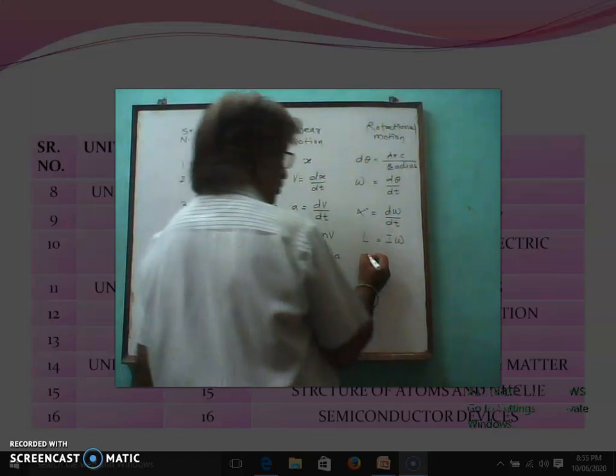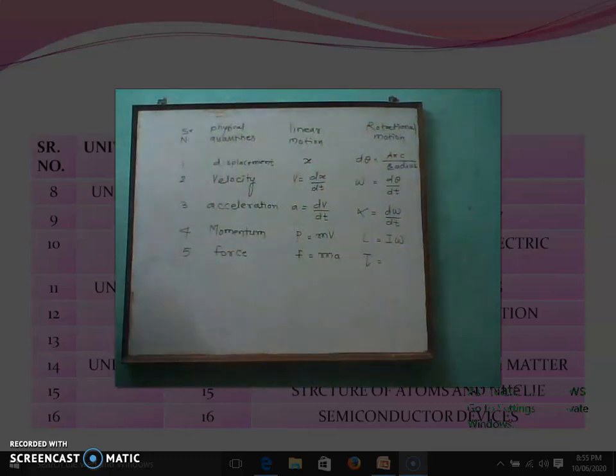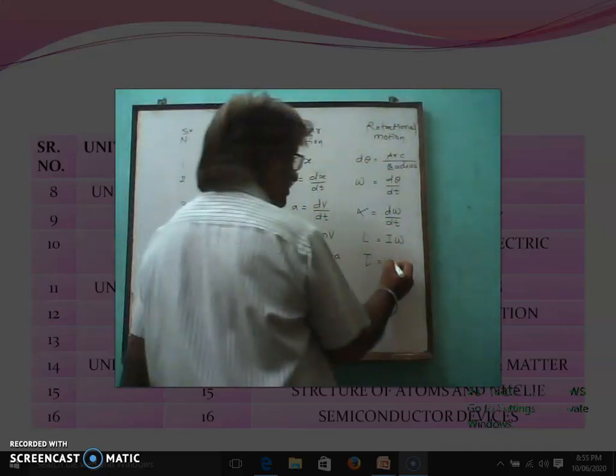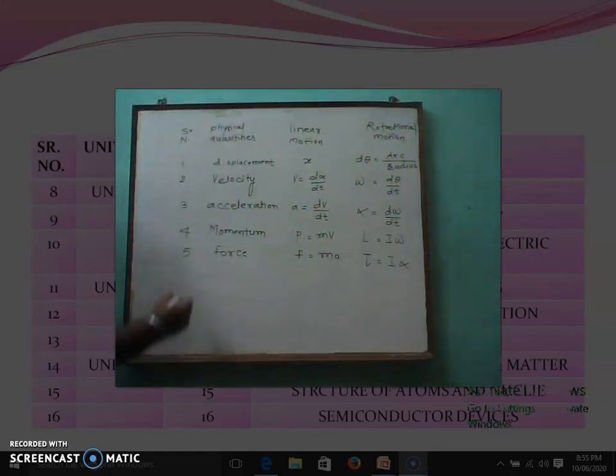But in rotational motion, moment of force is called torque, which is the product of moment of inertia and angular acceleration. And the sixth quantity is mass.